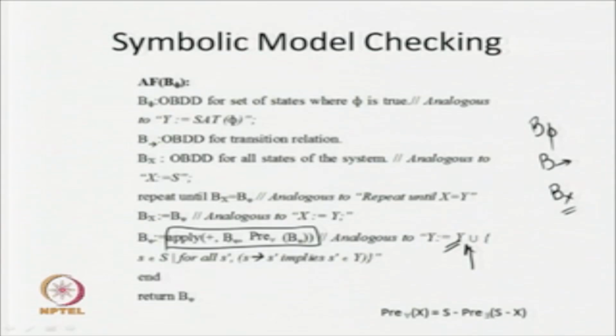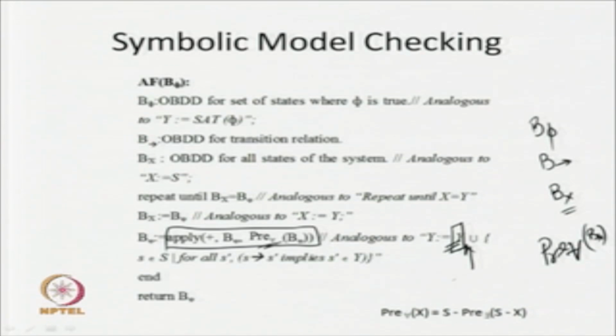And B phi is the set of states where phi is true. Now, this is your AF, all paths in the future. So, we need pre for all. We are going to calculate pre for all of B phi, and how to calculate it?